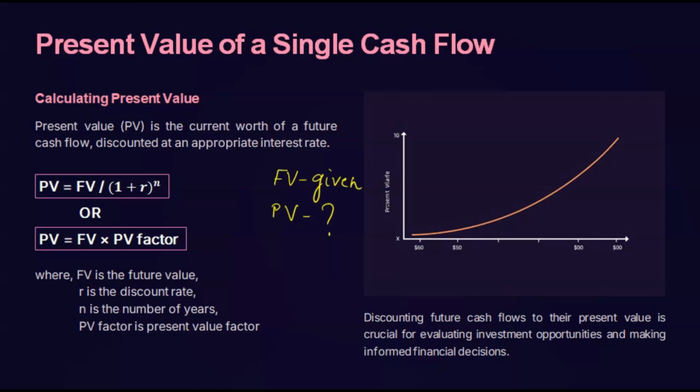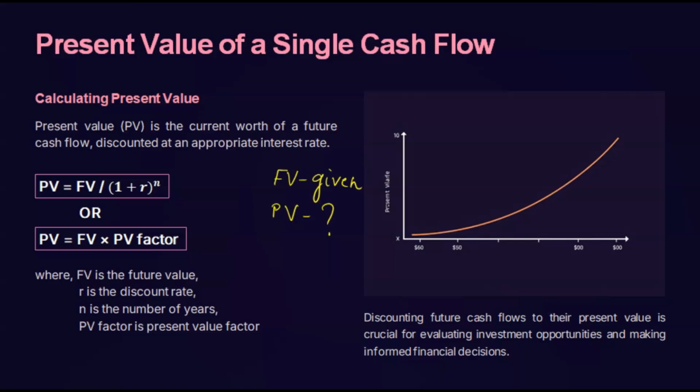You need to find that out, because only then will you know whether you are in profit or in loss. If that person is offering you some amount in future and its present value is more than that, so we have to check all these things. So present value is the current worth of a future cash flow discounted at an appropriate interest rate.